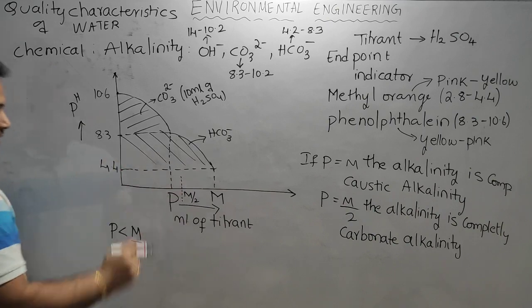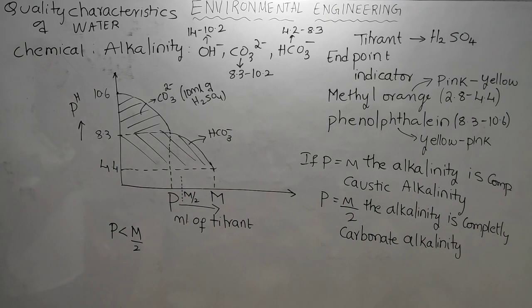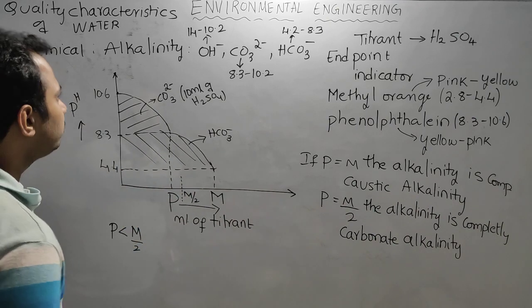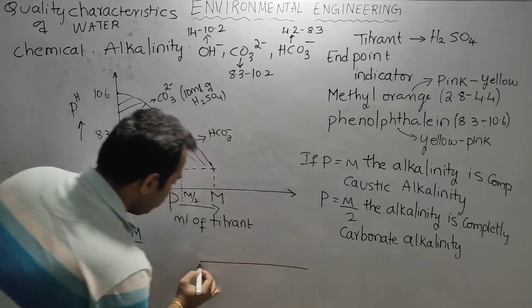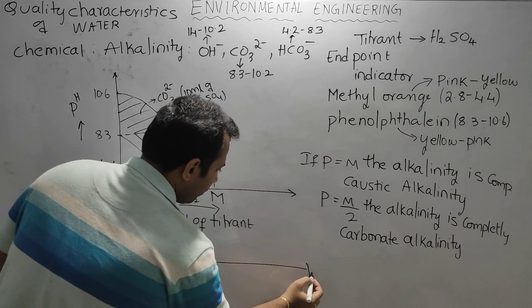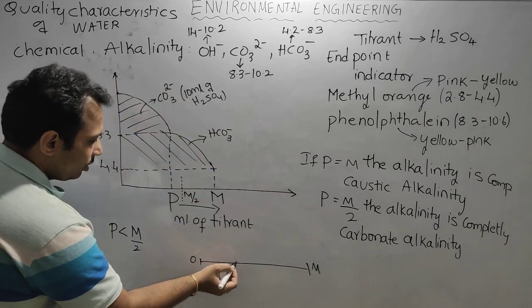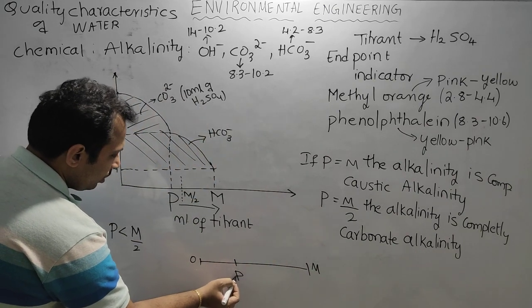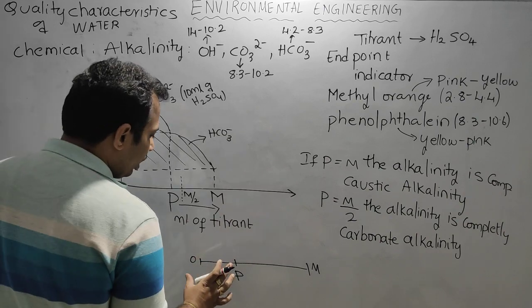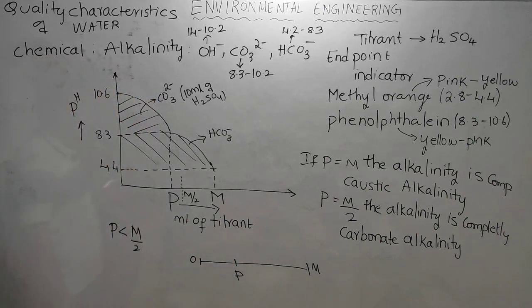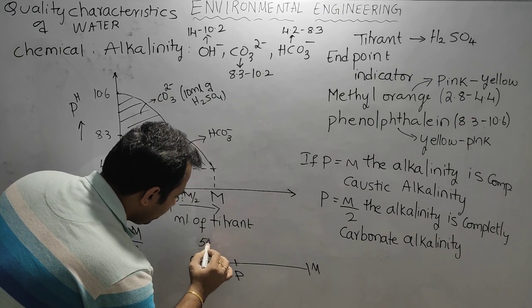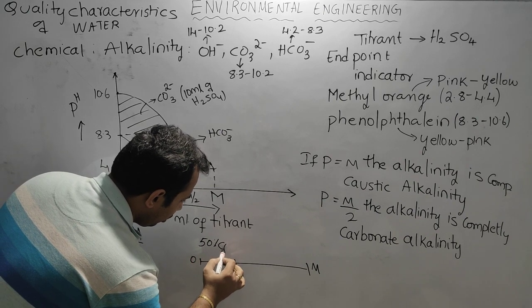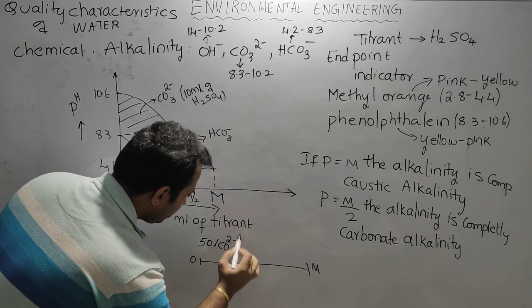So there is a small difference here. Observe this clearly. In the path of M, this is 0, this is M, and somewhere this is P. Obviously, P is the requirement of 50% CO3 2 minus, isn't it?